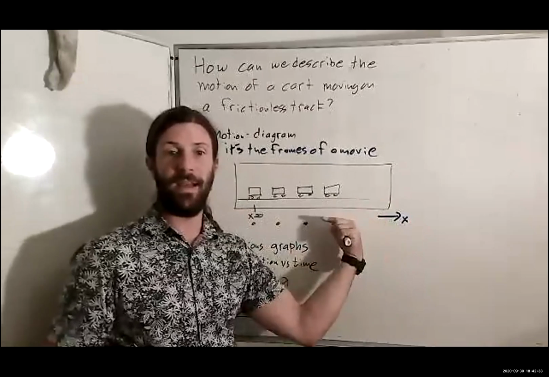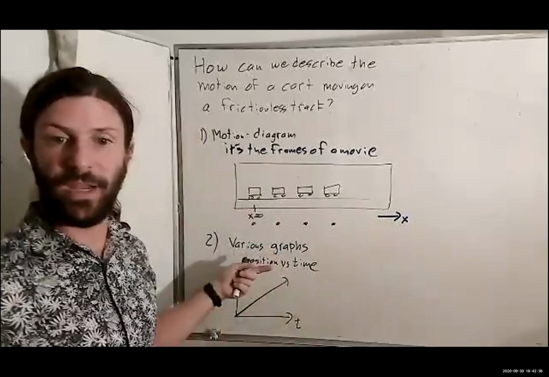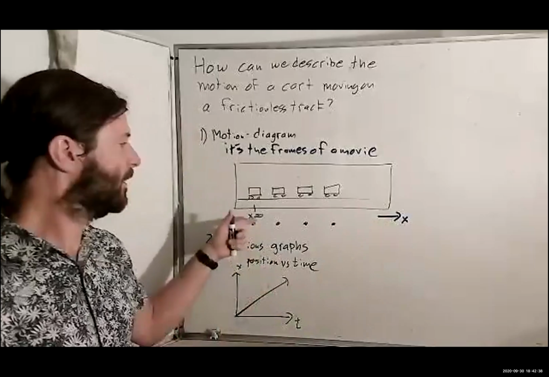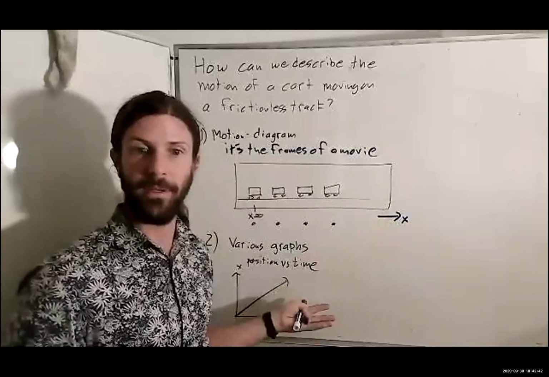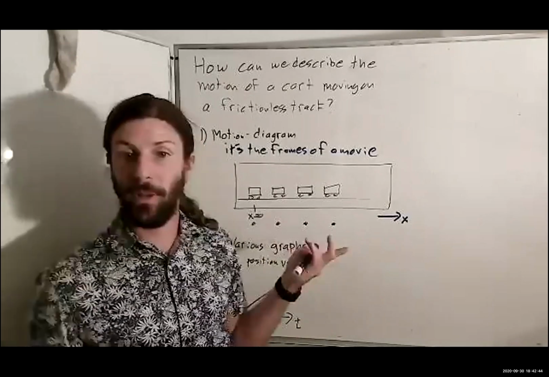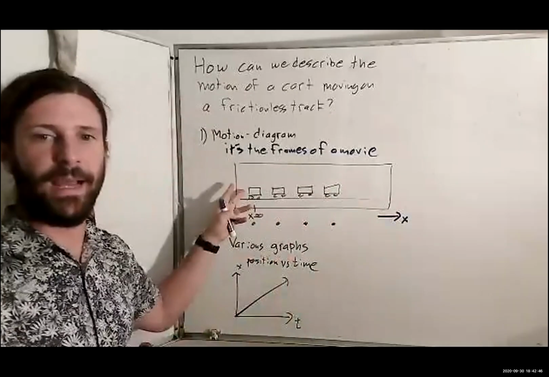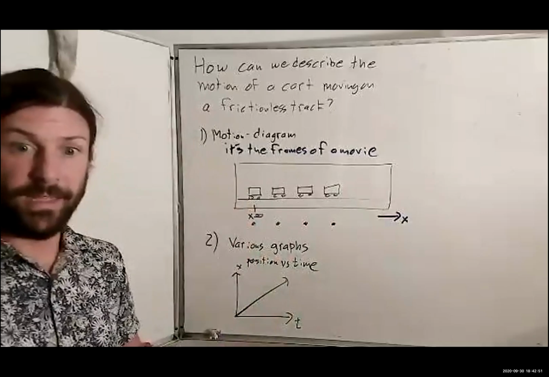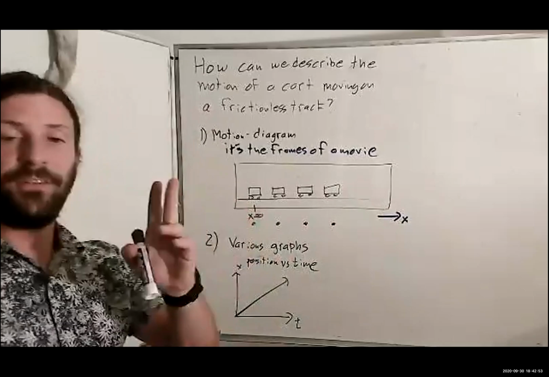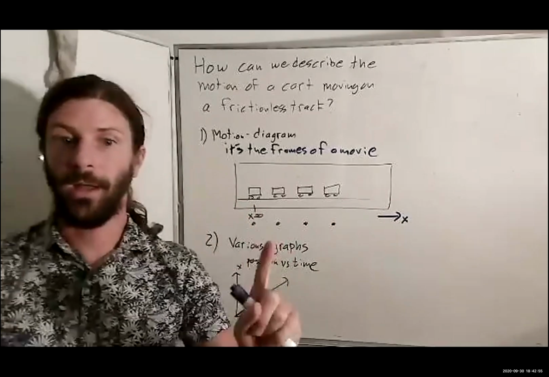Maybe positive x is this way. That might change how this is orientated. You might call this x equals 0. That might shift that graph up and down. But whatever you pick will determine how these two are related.